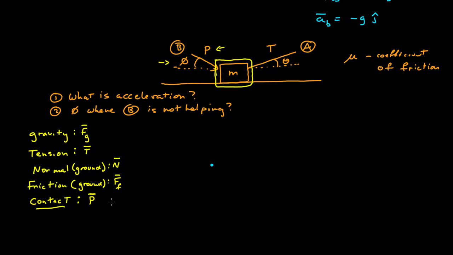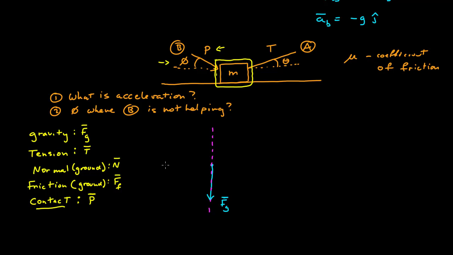So let's do the obvious ones first. I have a force due to gravity, and it's pointing down. And now the tension force, well, it's at some angle. All right, so that means I need to establish a coordinate system here.